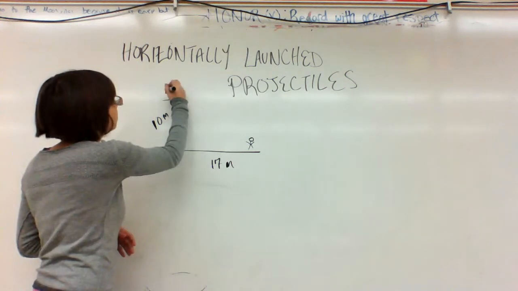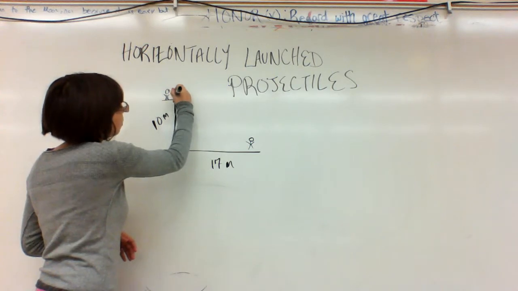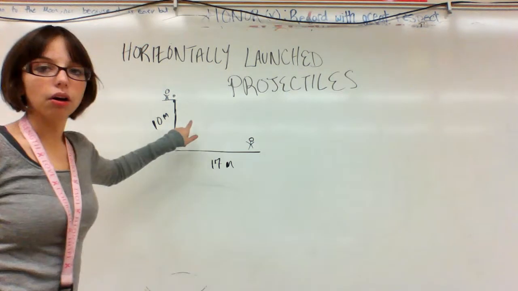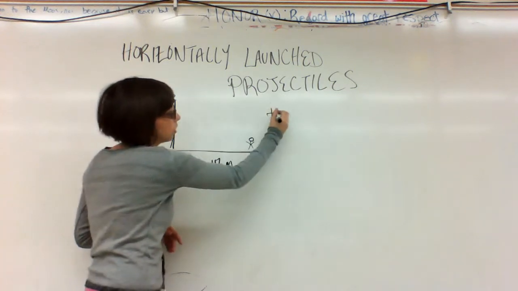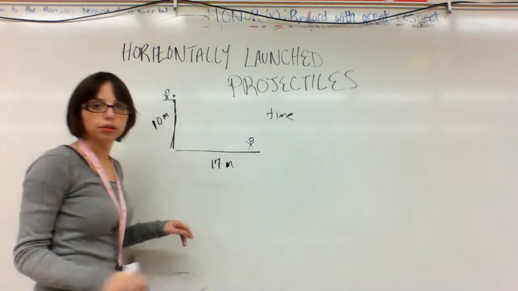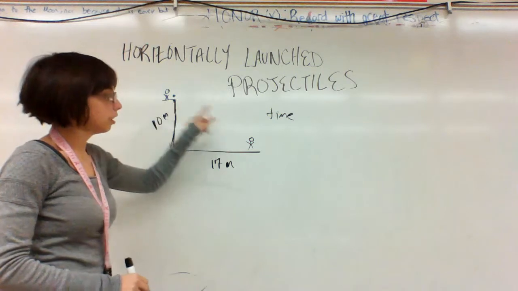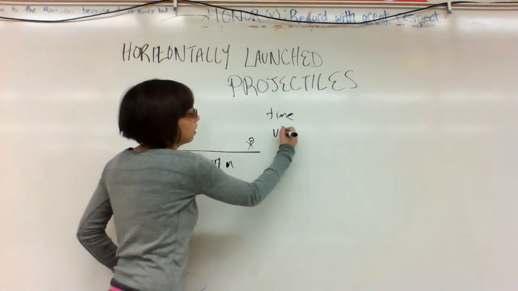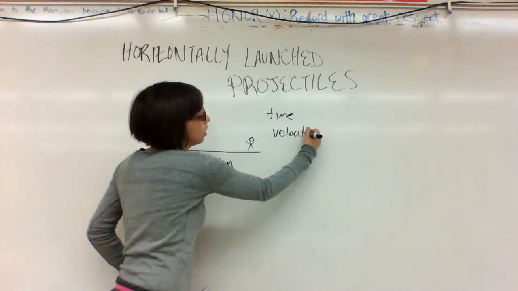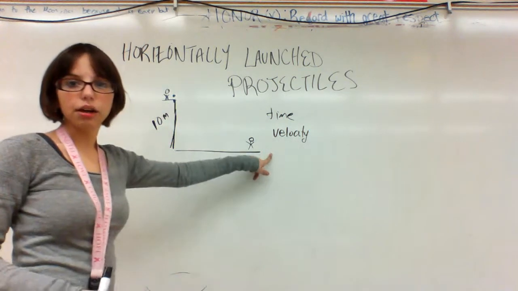So here I am. There's my water balloon. I want to know, A, how long is it going to take for the balloon to go from here to here? And what velocity do I need to throw it at?